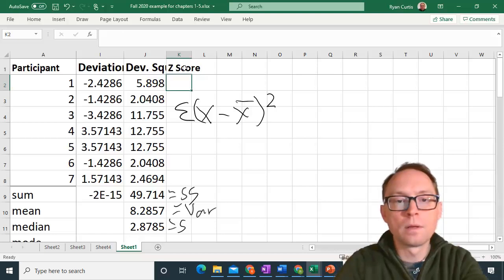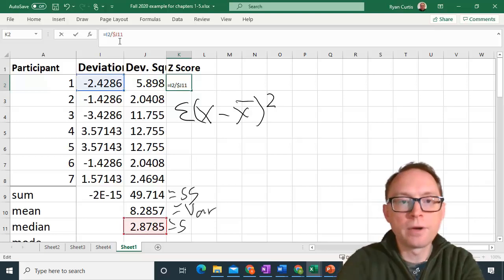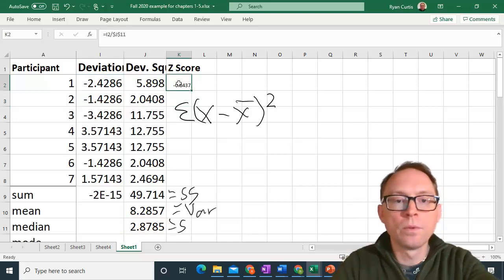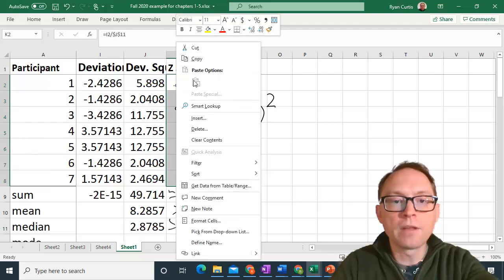So the z-score is going to be the deviation divided by the standard deviation. And when we do that, we get negative 0.84.